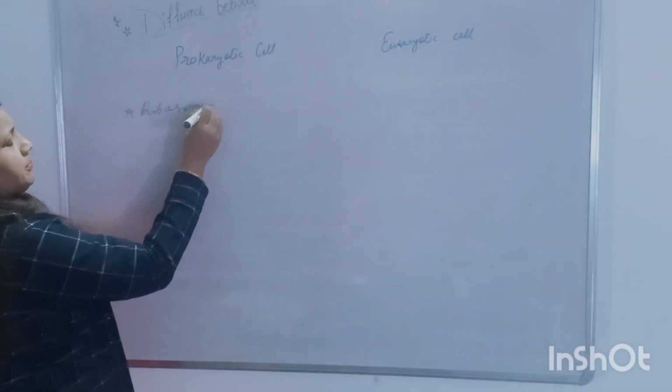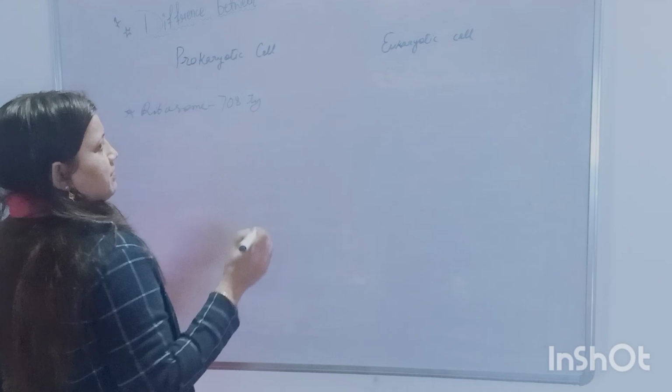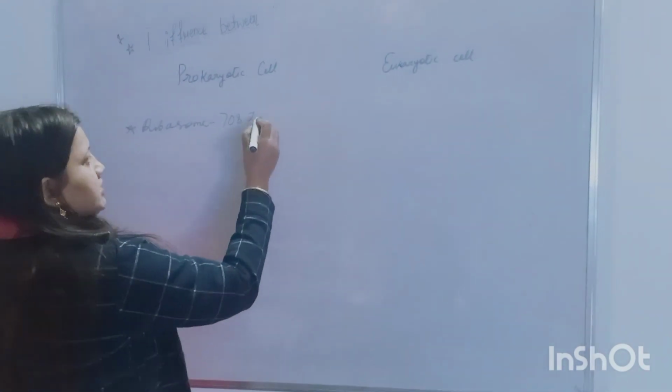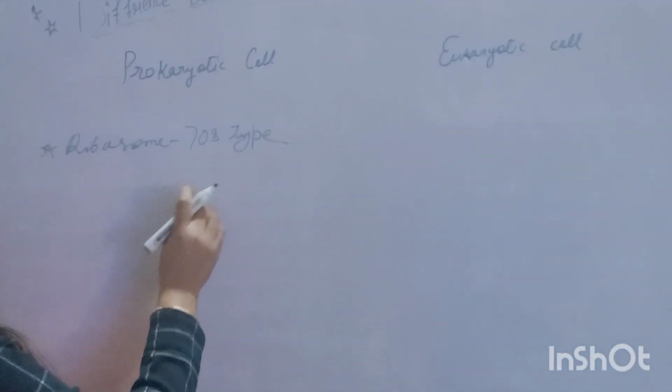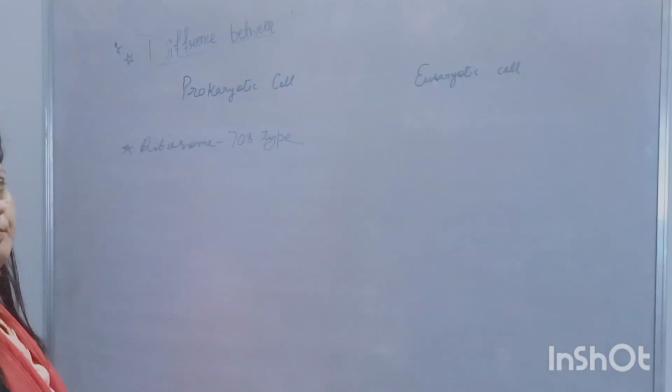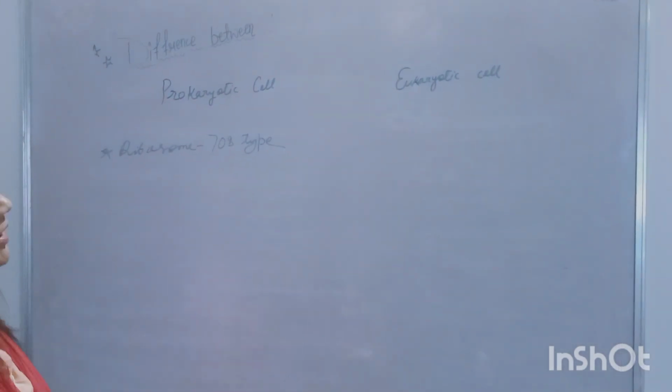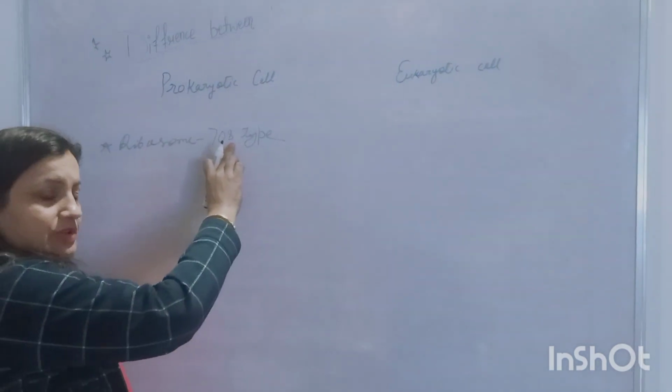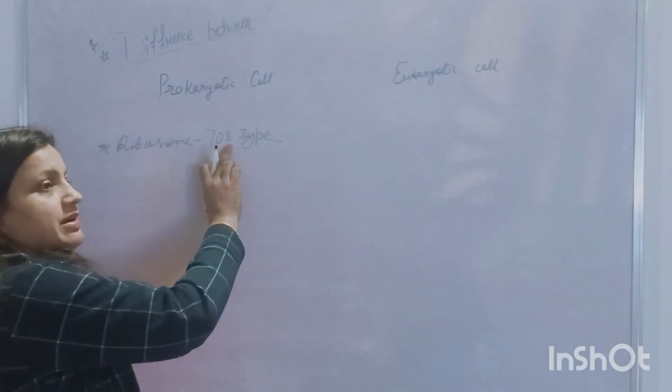Now ribosome. In prokaryotic cell, we know ribosome is 70S type. S is the Svedberg unit, according to the sedimentation coefficient, which describes at what rate molecules settle down.